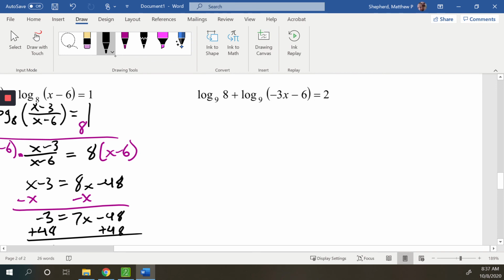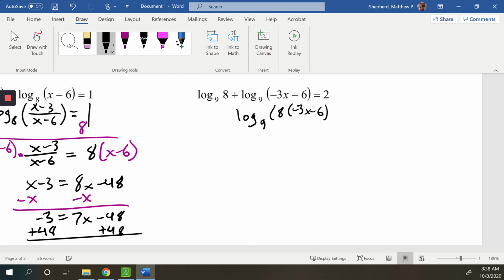All right, we see the plus again with these logs, so we know we're going to be using the product property, so multiplying them again. So I'm going to have this 8 being multiplied by the negative 3x minus 6, so a log base 9 of 8 times negative 3x minus 6 is equal to 2.